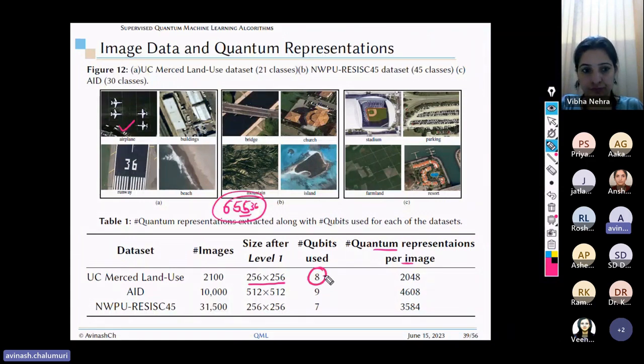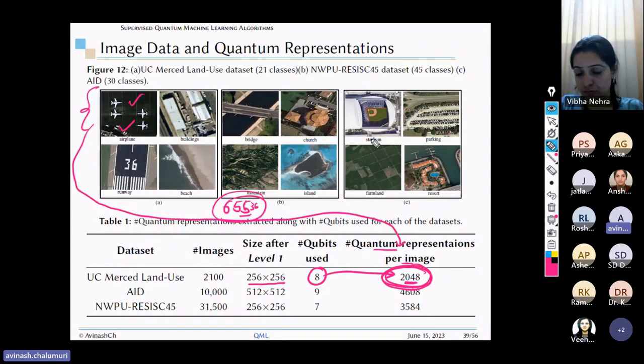Using 8 qubits, we reduced that to 2048. It's a kind of dimensionality reduction, where we extract features by reducing the size of each image using quantum. These 2048 features for an image are used while training a deep neural network.